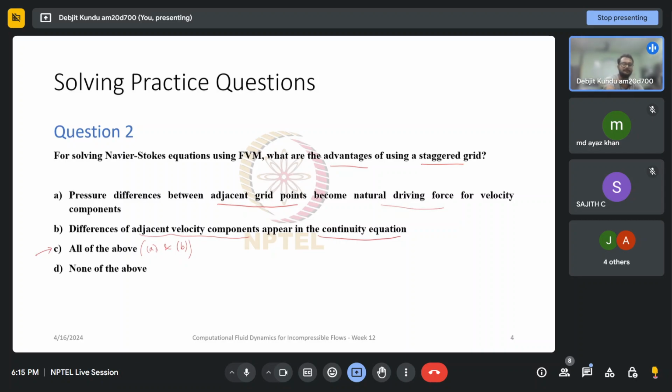Okay, so let's have a look at the solution. It is option C, all of the above. So basically both A and B are correct. Let's quickly go through this. Let's say I have a staggered grid which looks something like this. This is my pressure cell P, then I have a staggered grid like this, at the center of which U is saved.